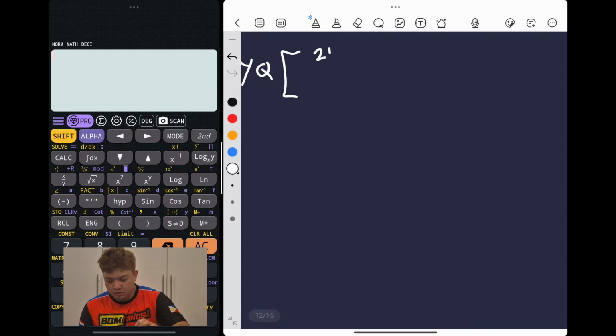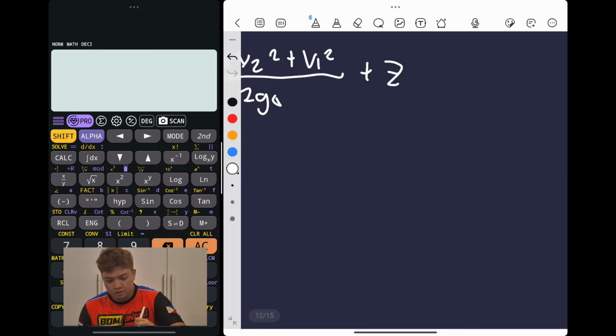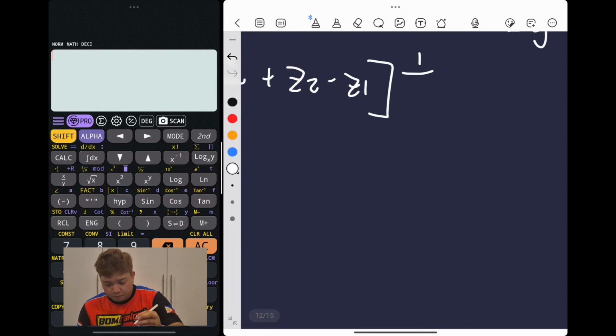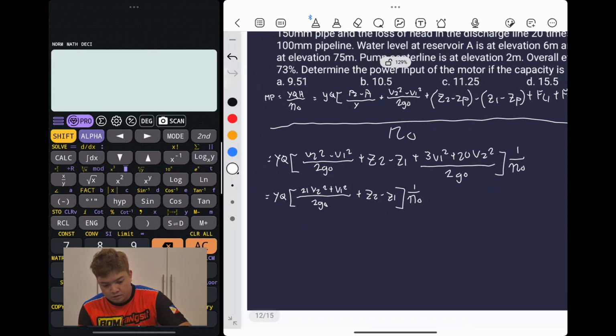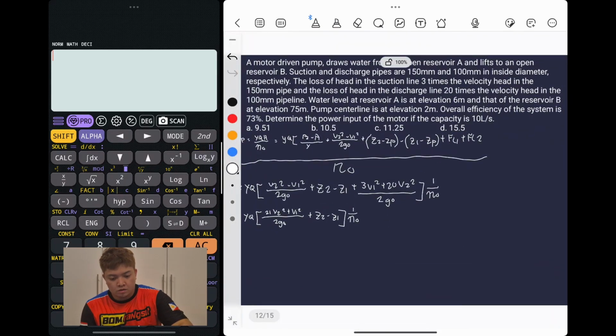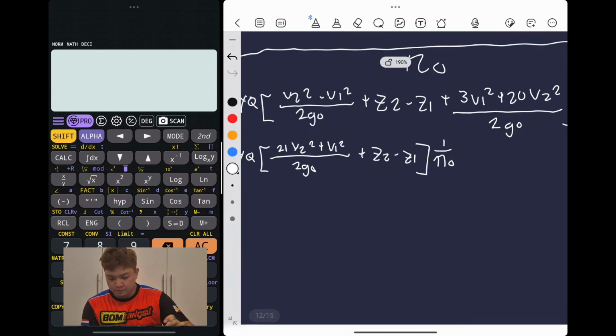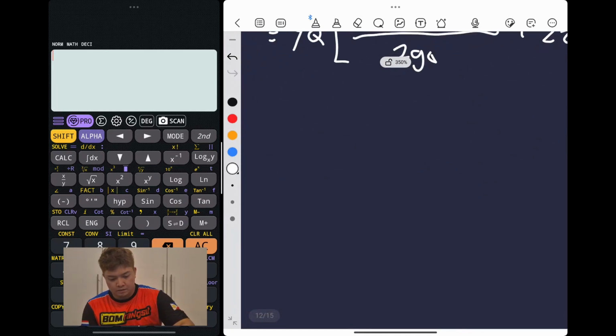Gamma Q times 21 V2 squared plus V1 squared all over 2g and plus elevation Z2 minus Z1, close parenthesis, all over efficiency. So screenshot nyo muna ulit guys. Hindi kasya. Hindi, try natin. Sige. Magkasya.